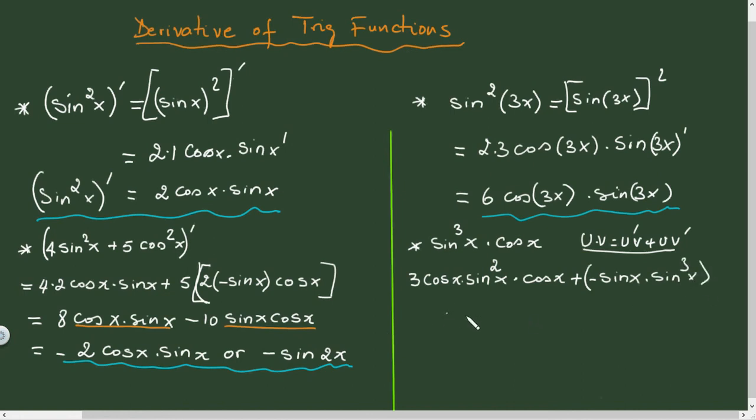So the whole thing gives us 3 sine to the 2 of x times cosine to the 2 of x, minus sine to the 4 of x, because we got power 1 here and power 3 there. This is actually our final result. Let me just check that everything is correct: cosine to the 2, sine to the 2, and minus sine. Yes, that's it.